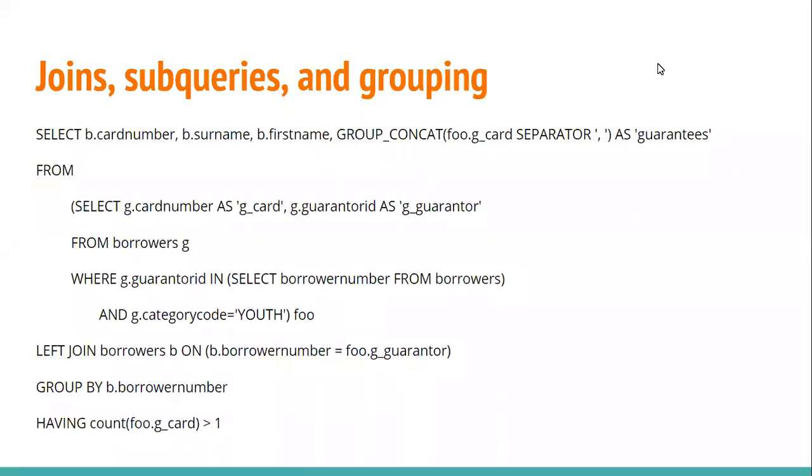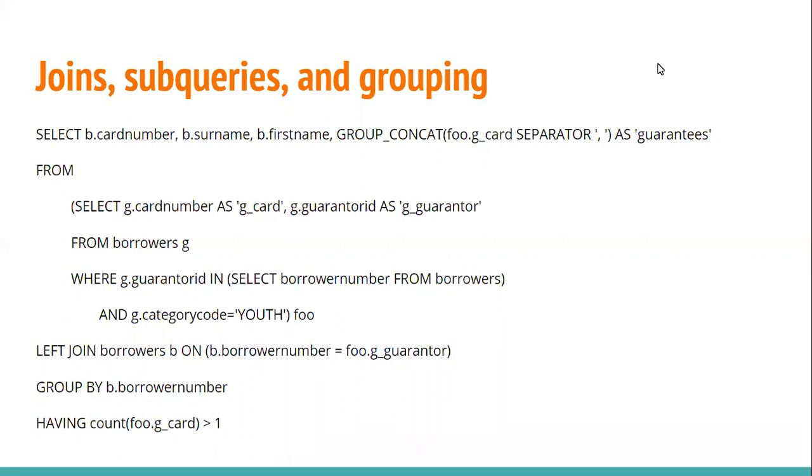Last name, first name, the card number of the guarantees. And so what we did here is a subquery. I did another select statement with another select statement inside of each other.